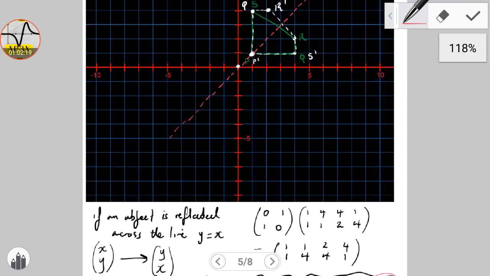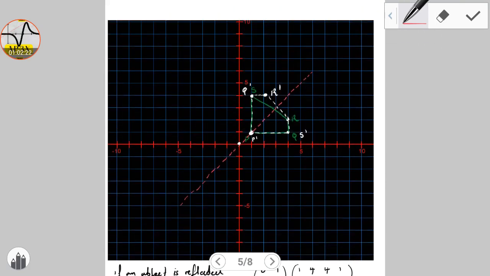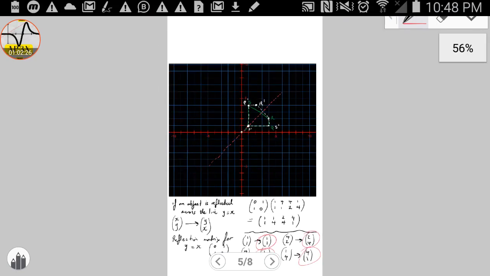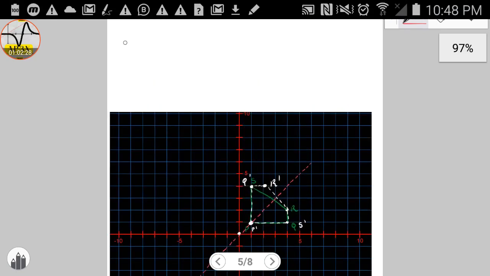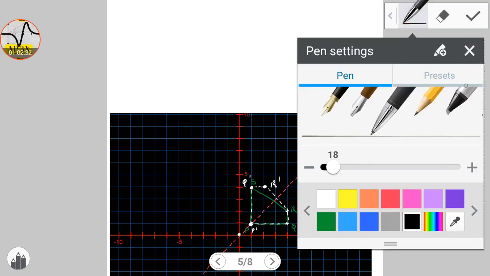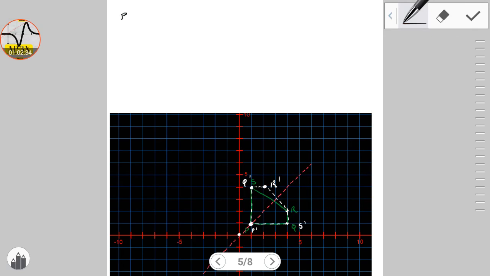If we go back to the top here, let's look at the points. 1, 1 and 1, 4. So that's 1, 1. That means P prime is still 1, 1.